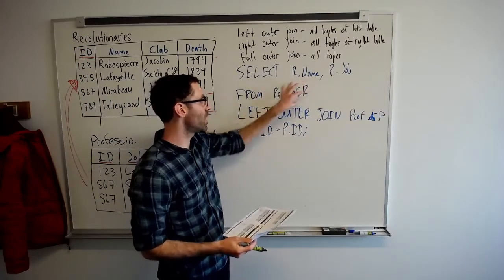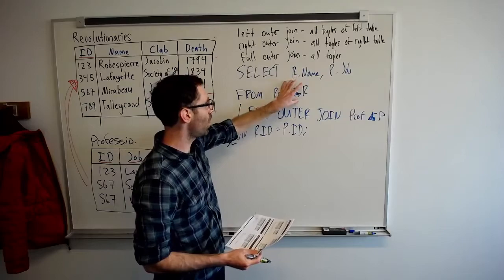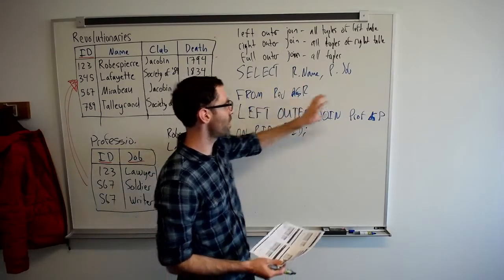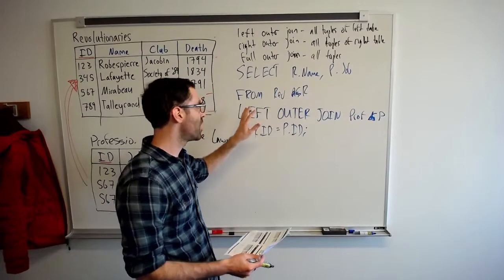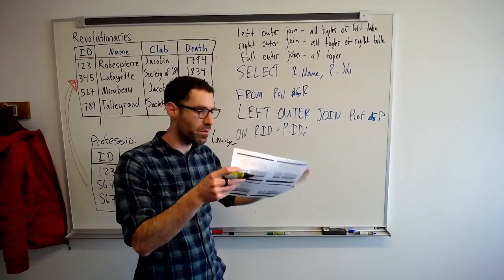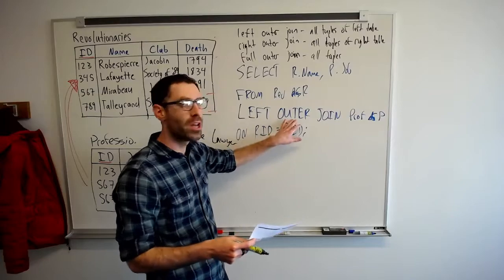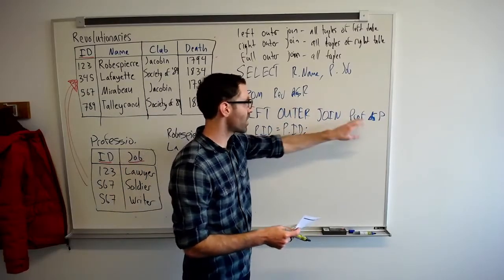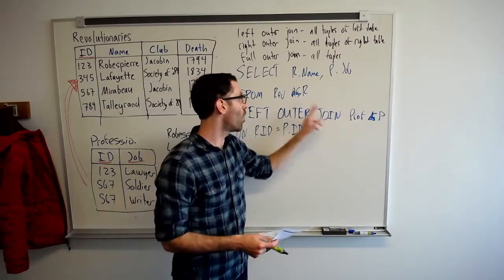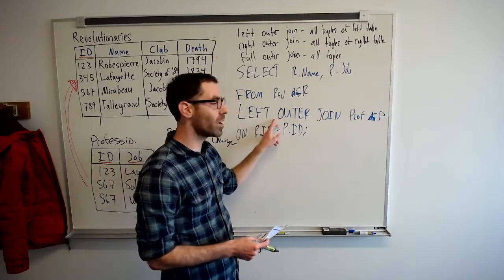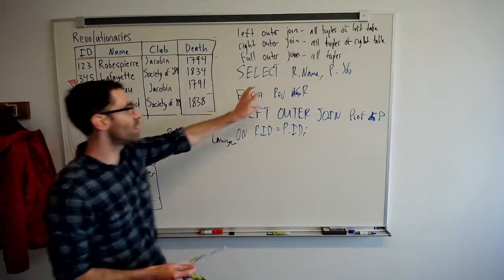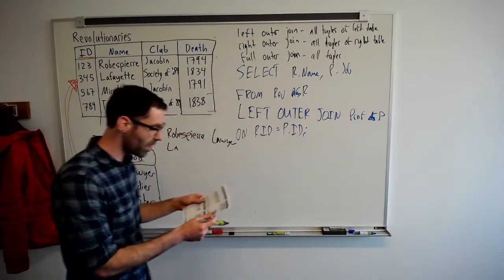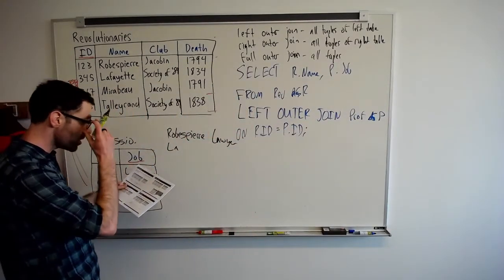The left table being revolutionaries, left outer join, professions. So revolutionaries is the left of the two tables that are being input to the join, whereas professions in this case would be the right. So order matters when we're talking about a left or right outer join. The order that we give the tables to that statement.